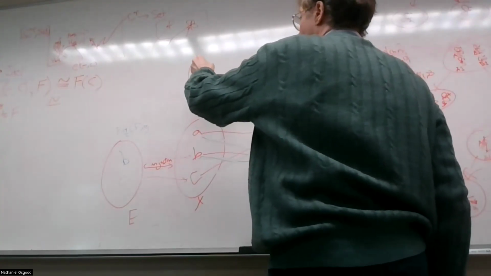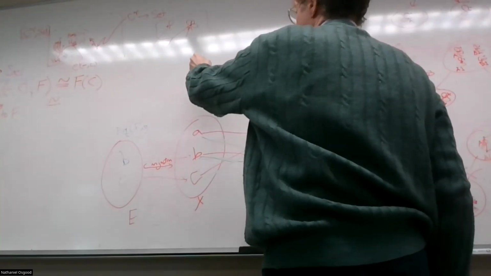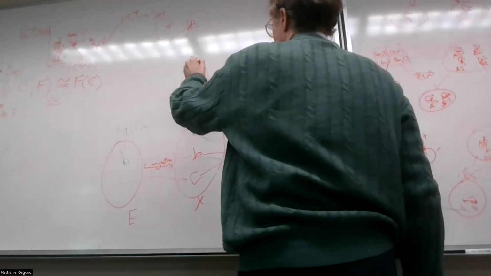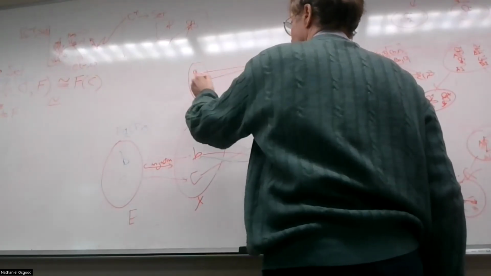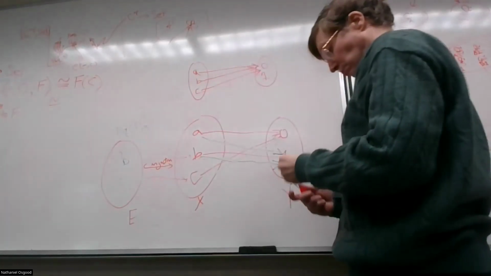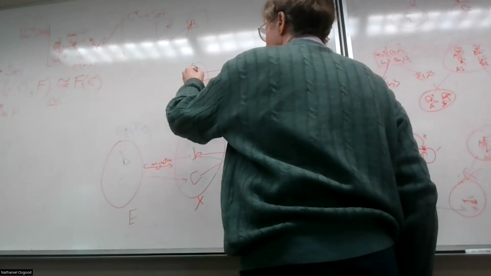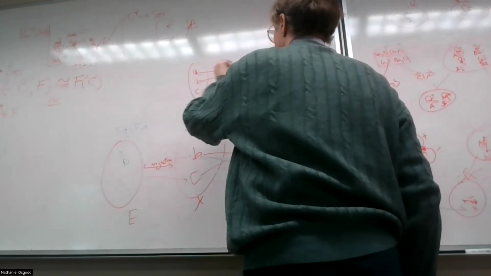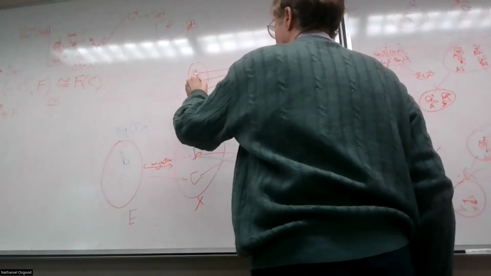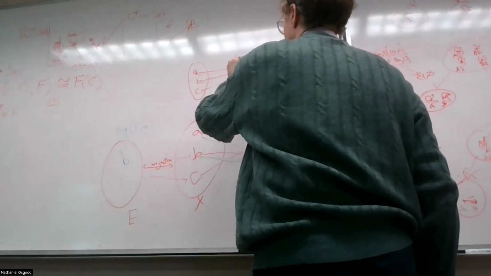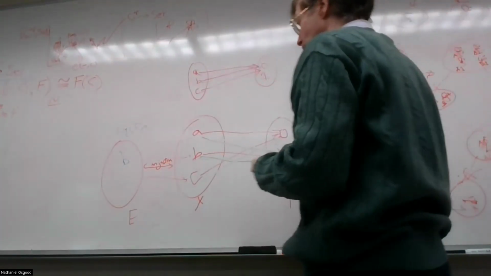I'm going to have F just map everything in a constant way. So F maps everything to 0. And G maps A to 0, B to 1, and C to 0. What is the equalizer of these two functions?